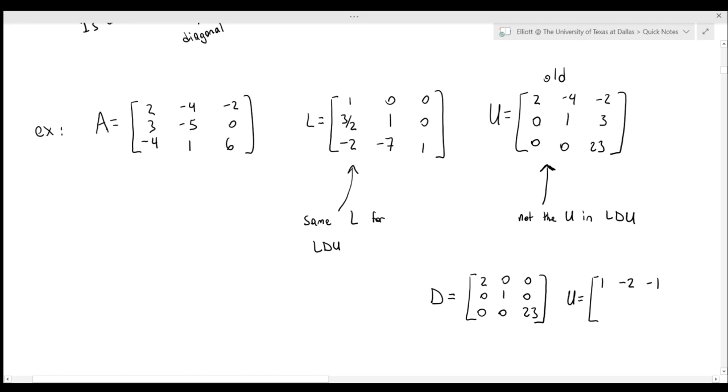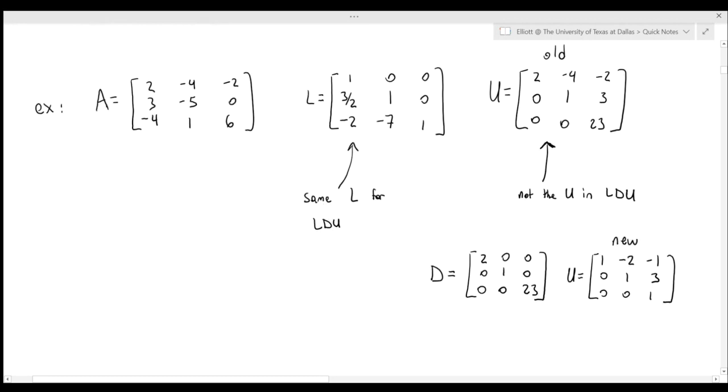We'll take row 2 and divide it by 1, so actually it remains the same. Then take row 3 and divide it by 23, so you'll get 0, 0, 1. And this new upper triangular matrix that you get, this is the U that you want to use for the LDU decomposition.